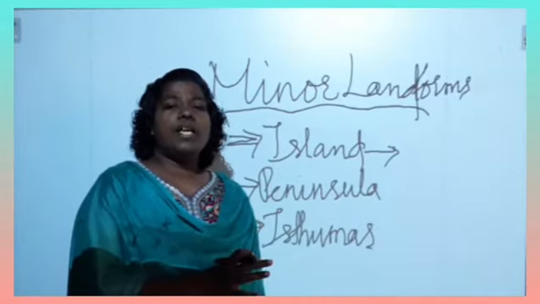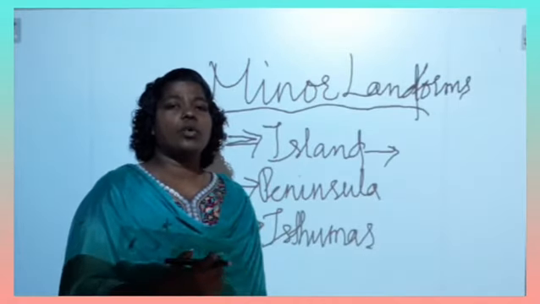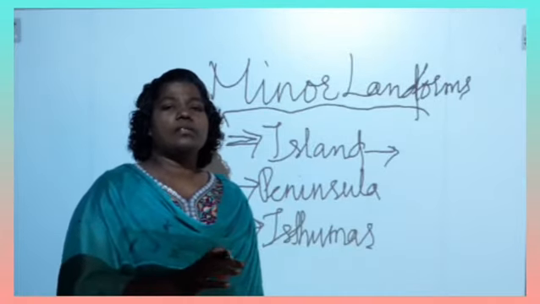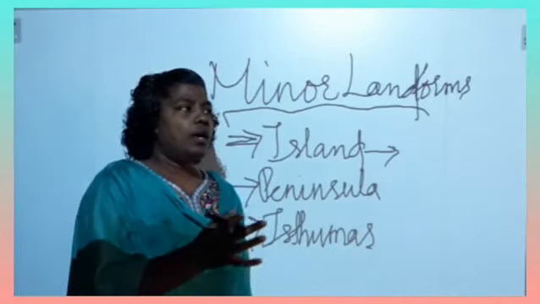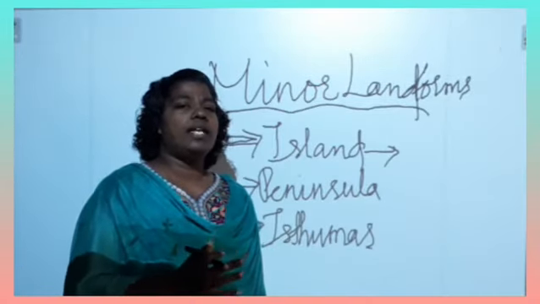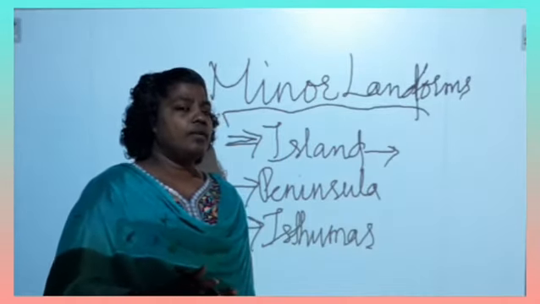In some regions we can easily construct roads, rail tracks and other things, but in some areas we cannot. So landforms are closely linked with the life of the people.